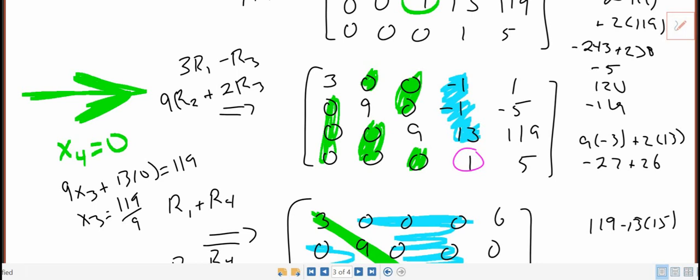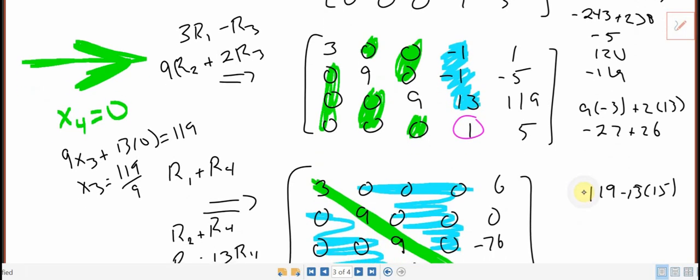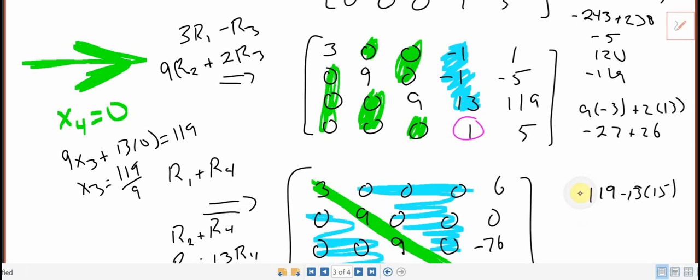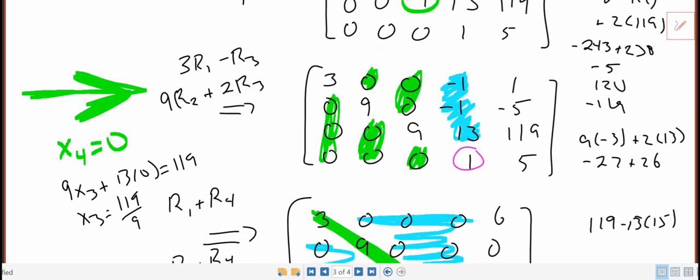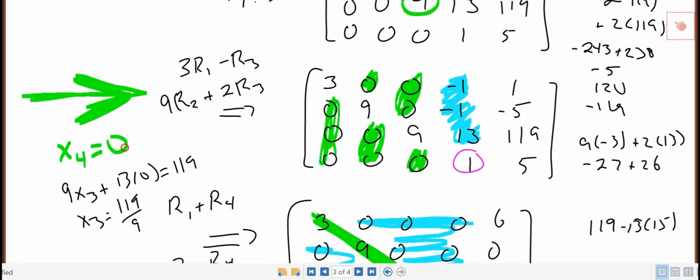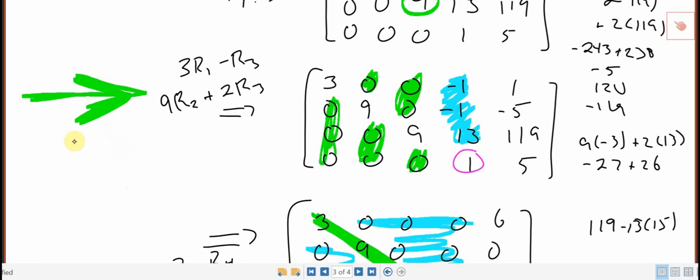I clearly have a mistake somewhere in here. If we do that, oh no, x4 was equal to 5. Let me fix that since I'm talking about it. Okay, that bottom row tells me x4 equals 5. Okay, so then 9 times x3 plus 13 times 5 equals 119.